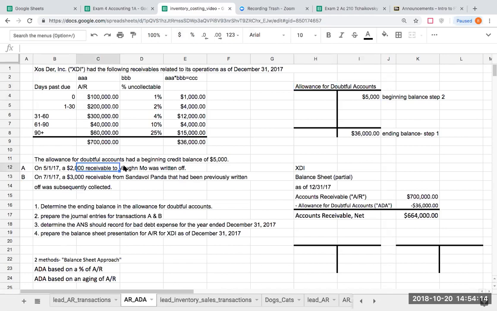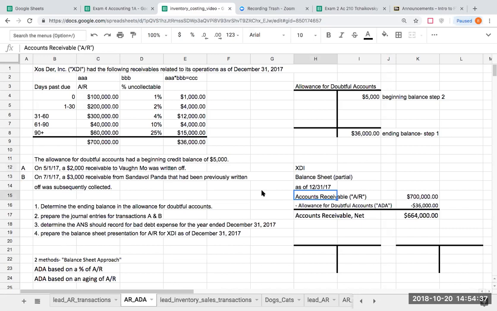What will impact the allowance for doubtful accounts are really 2 different types of items. The first one is going to be a write-off to accounts receivable. What exactly is that? Well, in accrual accounting, the reason why we use an allowance is we know that once we make a sale, very, very rarely are you going to have 100% collection.